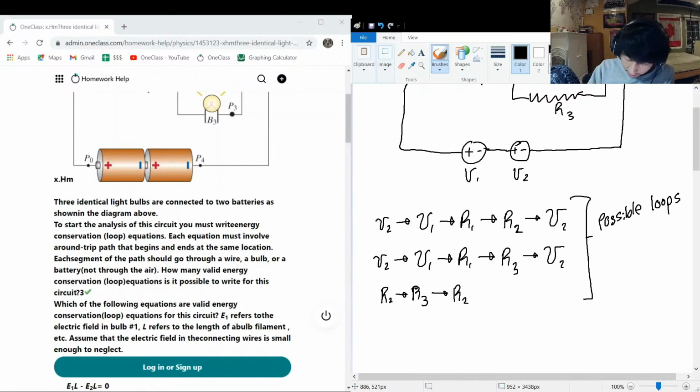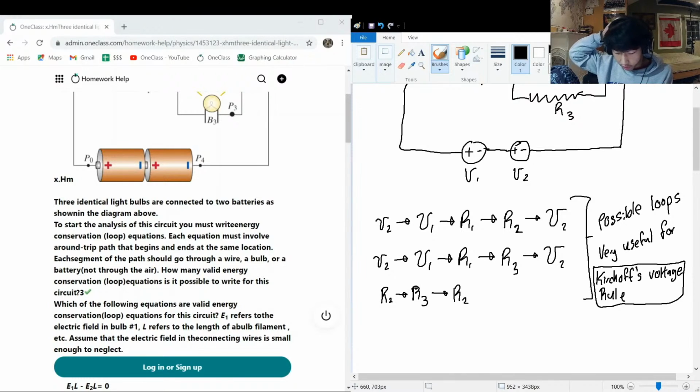And this gets very useful for Kirchhoff's voltage rule. Okay, so keep that in mind. Kirchhoff's voltage rule. Or I think it's law instead of rule, but same thing.